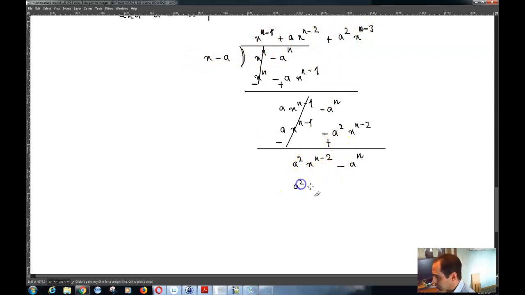So this gives you a squared x raised to the power n minus 2, and this part gives you negative a cubed x raised to the power n minus 3. If you subtract, these two will be cancelled out, and then you will have a cubed x raised to the power n minus 3 minus a raised to the power n.